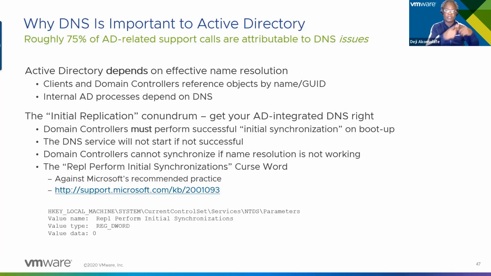We mentioned the initial replication conundrum, where a DC is required to perform an initial outbound replication with another domain controller in that infrastructure. And if it's not able to do that, it can't start advertising itself as a domain controller. This is documented in the Microsoft KB referenced here. There's a way to disable this check. We highly recommend that you don't do that.